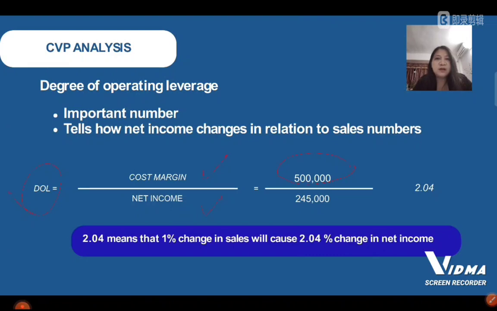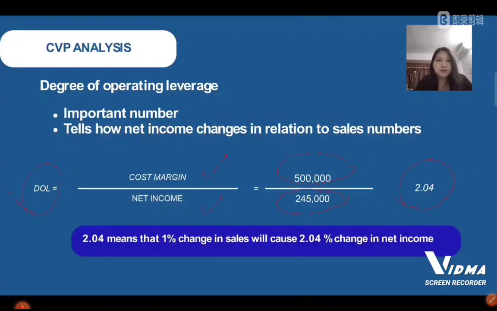Cost margin minus our fixed expenses is 245,000 rupees. So 500,000 divided by 245,000 gives us 2.04, or we can just round it off to the whole number 2. What does this number mean? 2 means that a 1% change in sales will cause a 2% change in net income.